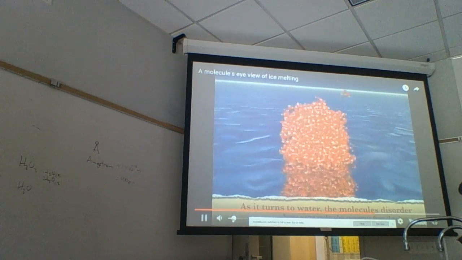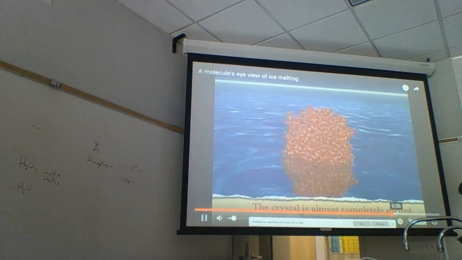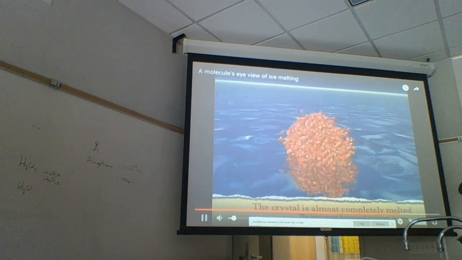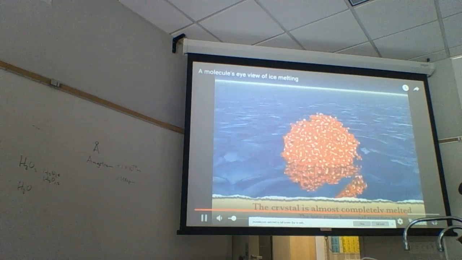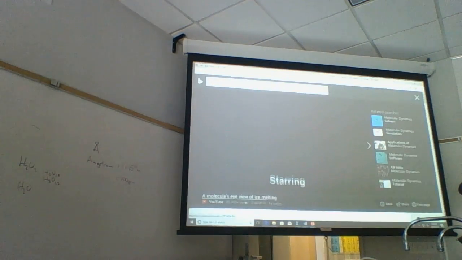This one we did. Some of the water molecules are vaporizing off the surface. That is evaporating off the surface. So there it goes. Liquid water.